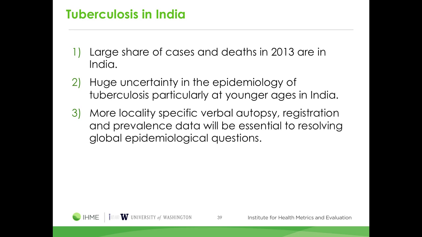The analysis that we've done is at the national level. This is too aggregate to be serious, and it's a very high emphasis for the ongoing burden of disease work to get down to the state or even more local level, to build on case notification data, local expert judgments, as well as patchier prevalence data and verbal autopsy data.